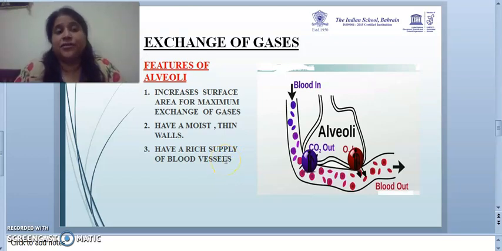And in the first session, you remember, it is easier for diffusion to take place when there is only a single layer of cells. Now, as you can see in this picture, the red here shows oxygen molecules diffusing into the blood capillaries, and the blue over here is carbon dioxide molecules diffusing into the alveoli.